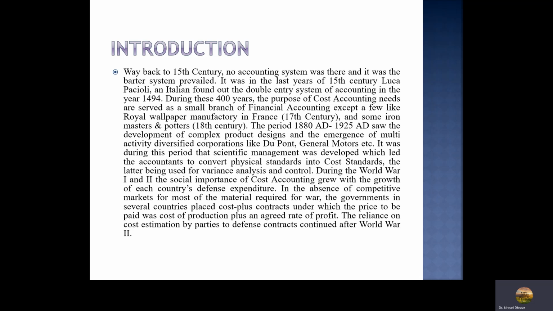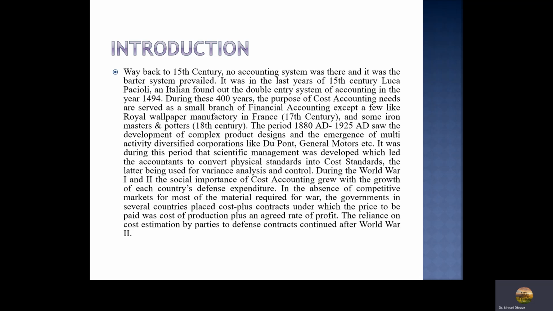What does that mean? Earlier, there was no separate cost accounting concept. Cost accounting was treated as a branch of financial accounting. The few companies mentioned here, Royal Wallpaper and the iron masters and potters, had a separate branch of cost accounting in their accounting section.